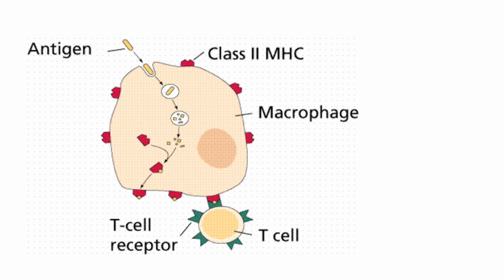So here we have pretty much just exactly what I was showing you on that last slide, just a better graphic here. We have the antigen of whatever it is we don't want to be there. Maybe it's a bacteria, something like that.